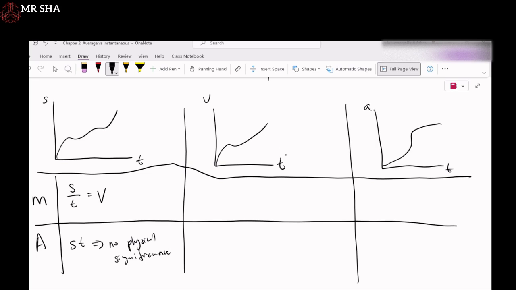If I were to talk about the VT graph, I'll have V over T, which is just A, acceleration. So the gradient of the VT graph represents acceleration. The area, on the other hand, as we've covered just now, is just VT, which is displacement. So the area under the VT graph is the displacement.